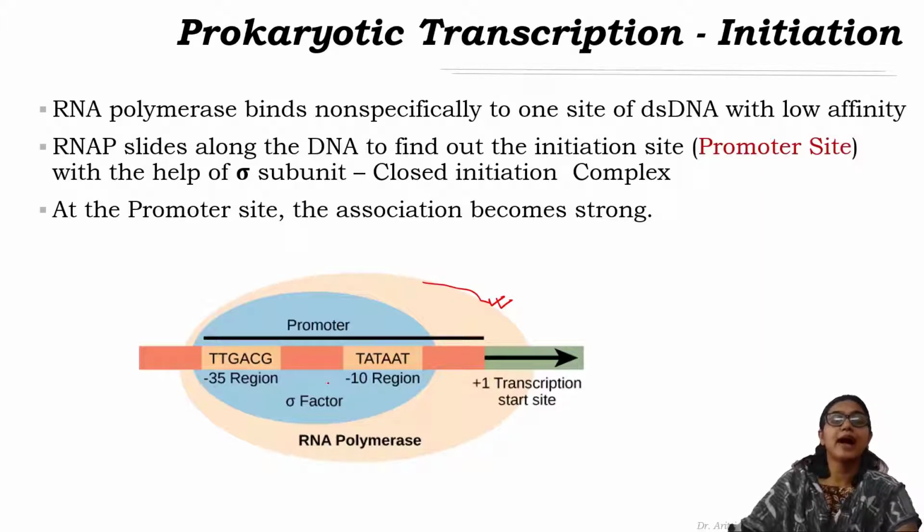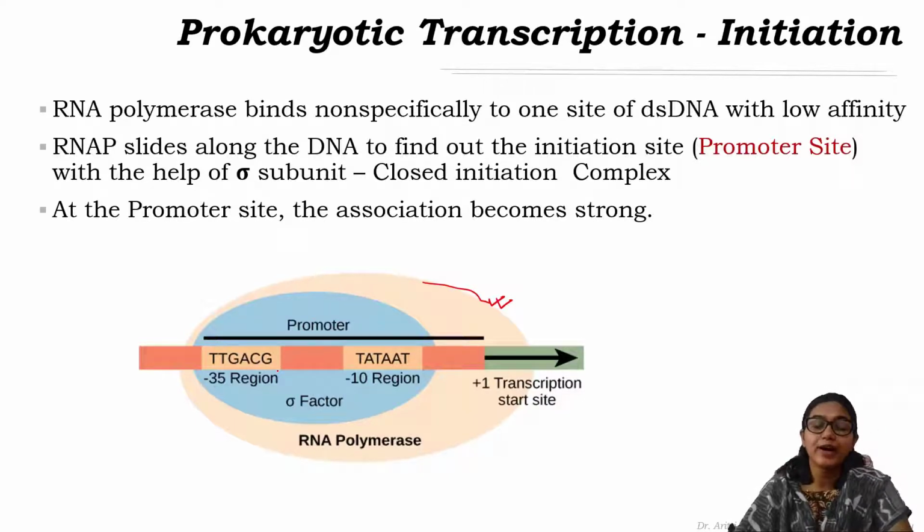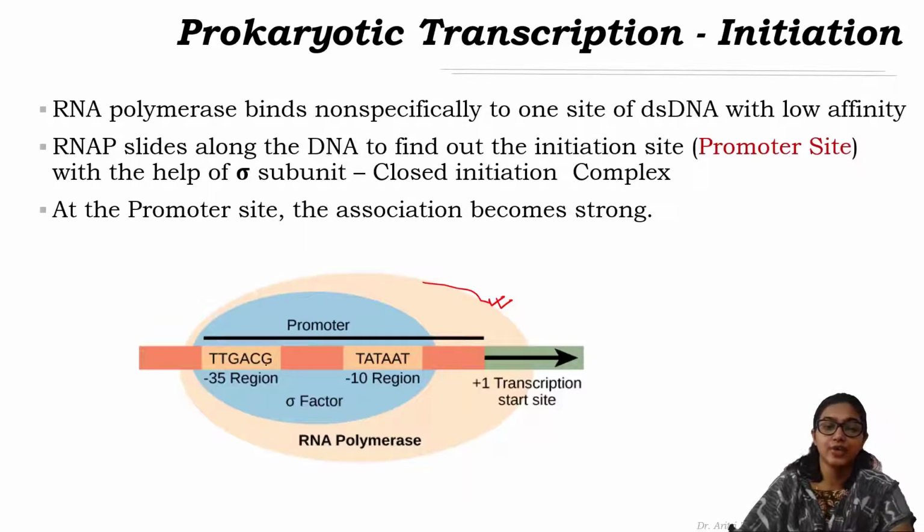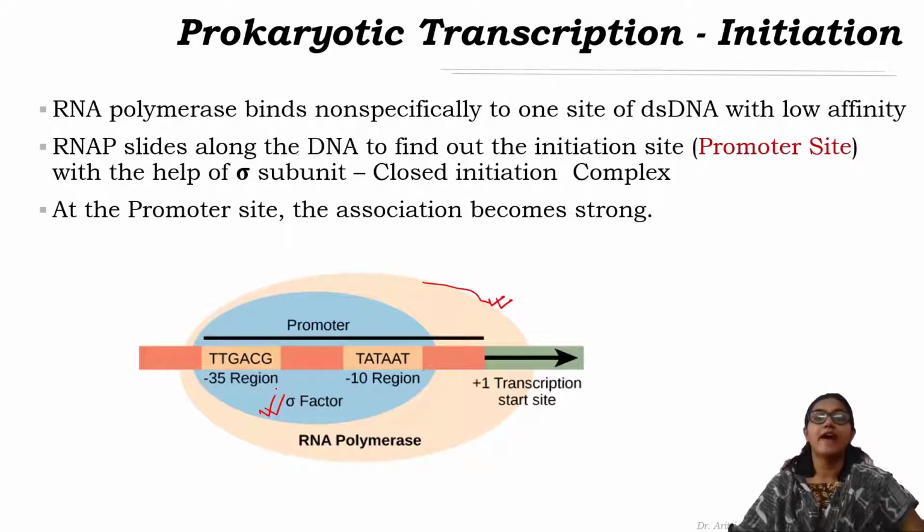It binds occupying a large region of DNA, but only while it occupies the promoter site does the binding become stronger. Here the sigma factor is present, which helps in finding the promoter site. So here you can see the closed initiation complex is formed.